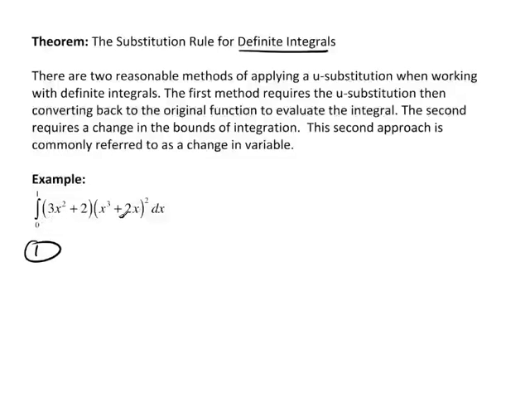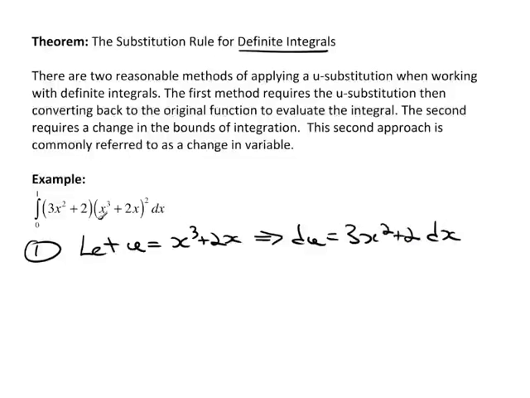Now, looking at this, I'm going to let u equal x cubed plus 2x. That means that du equals (3x squared plus 2) dx. That's exactly what I have right there.